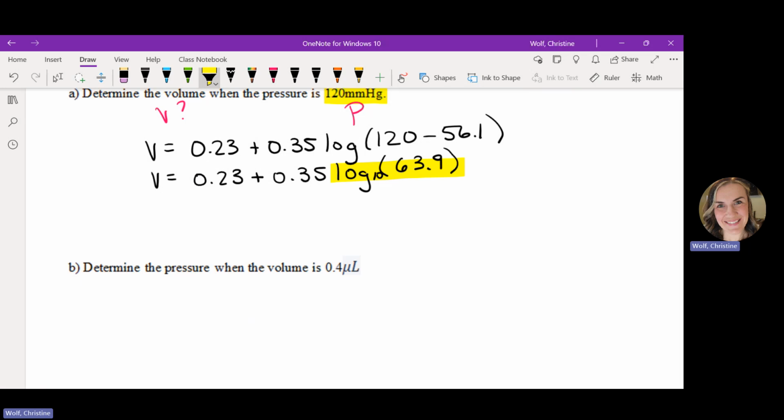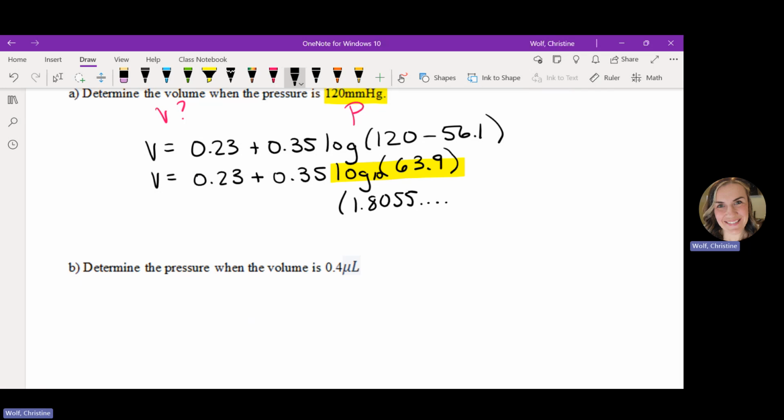So you just find your log button on your calculator, and it depends: you either type in 63.9 first and then press log. That's how my calculator works. Or you just type in log, it'll pop up a bracket, and then you type in 63.9. And you should get 1.81. It's 1.8055, whatever.